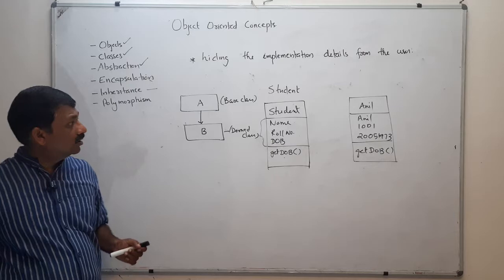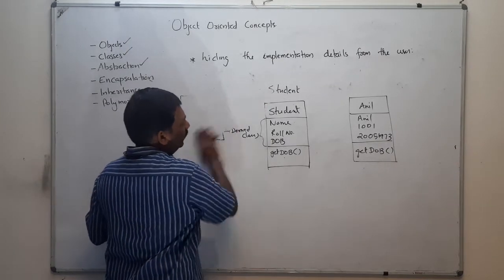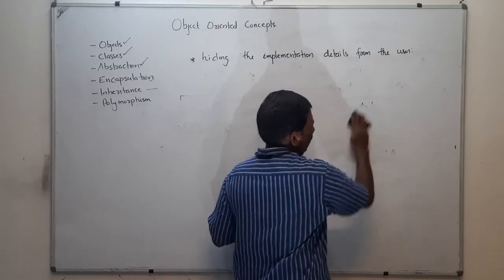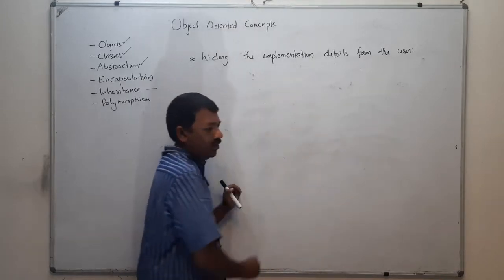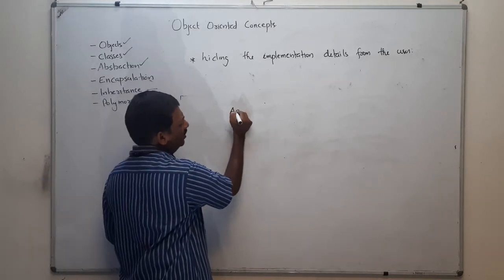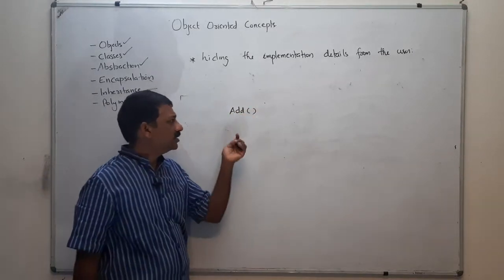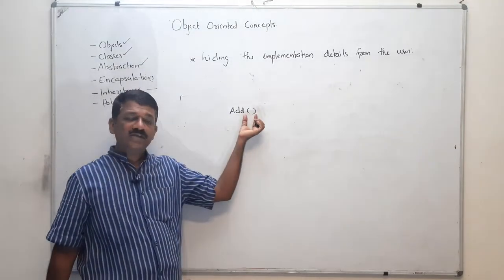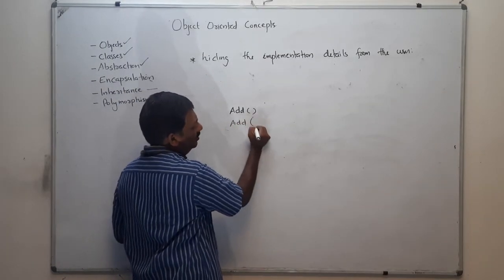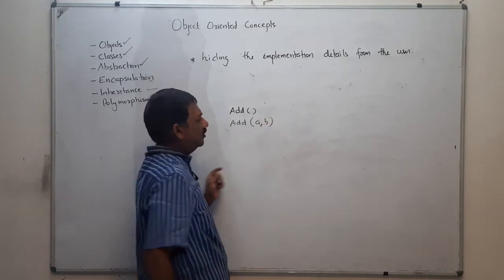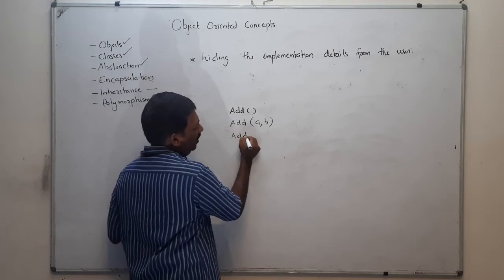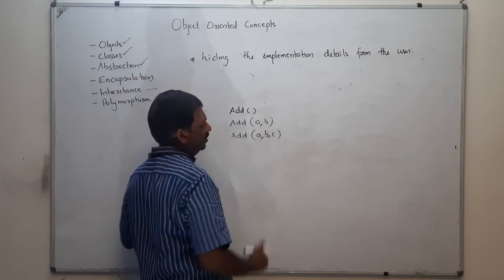Now the next one is polymorphism. Suppose you have an add function with nothing passed to it. Suppose there is another function with the same name, add(a, b), and another function, add(a, b, c).